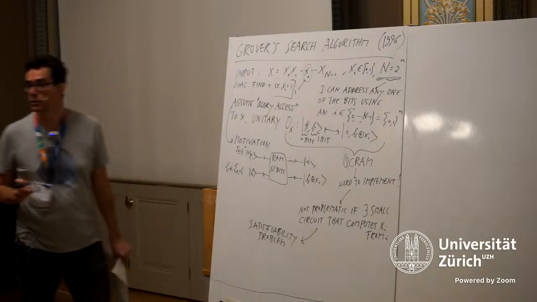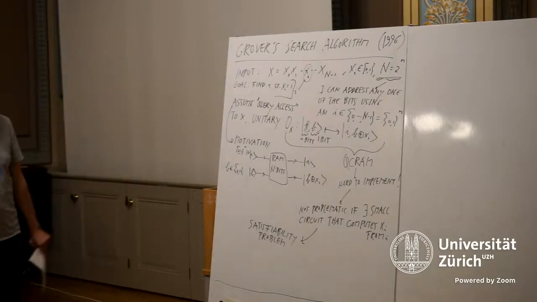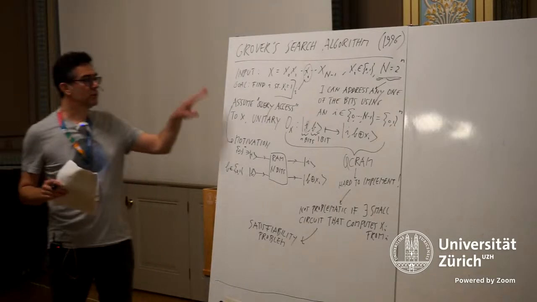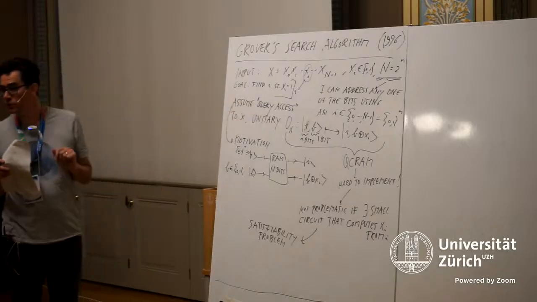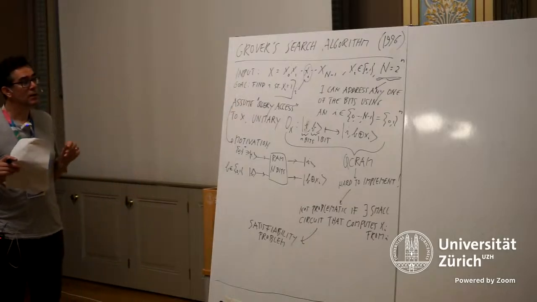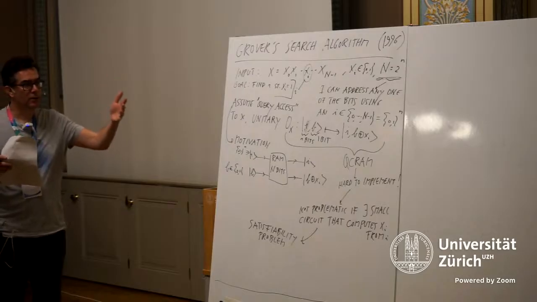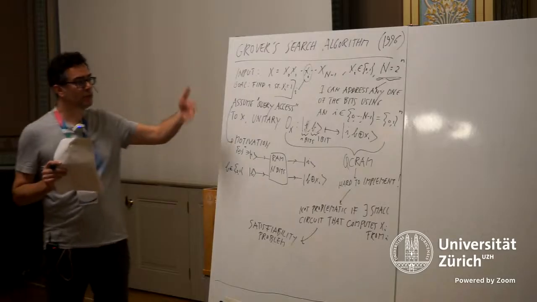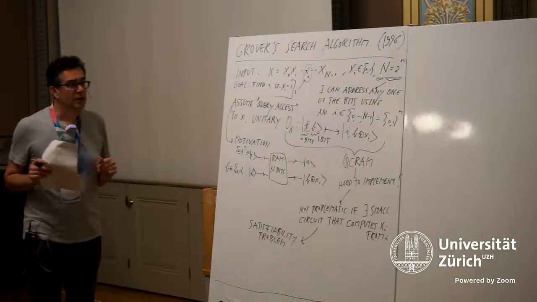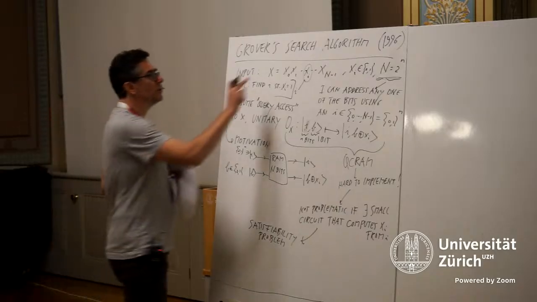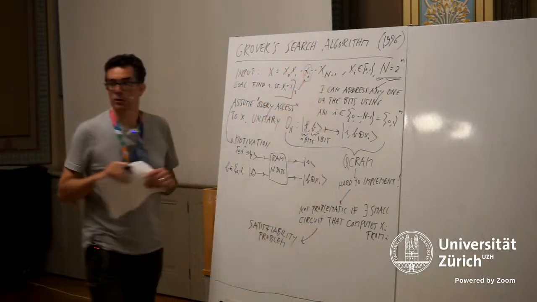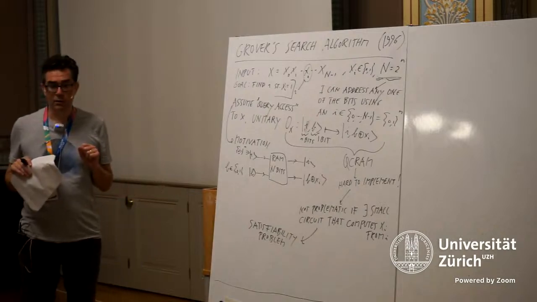It would show that NP is in BQP, which just seems unlikely. But at the very least, Grover's algorithm is going to solve this problem quadratically faster than is possible classically. The main thing I want to say is you can solve this problem in a time that's square root of capital N. This is not possible classically.